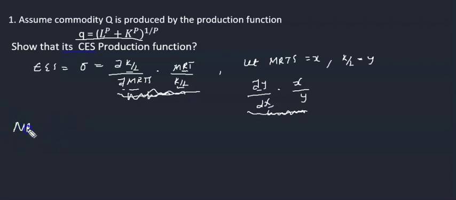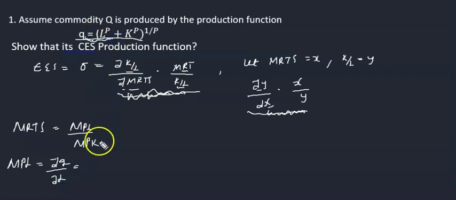MRTS is given by marginal product of labor divided by marginal product of capital, where marginal product of labor is equal to the differential of the production function with respect to labor. So we're going to differentiate the function that we have in here with respect to labor.